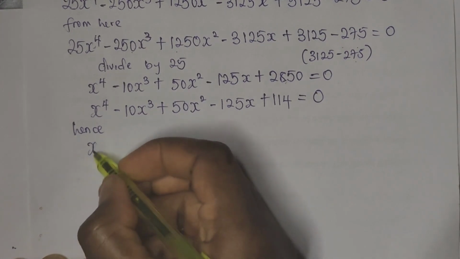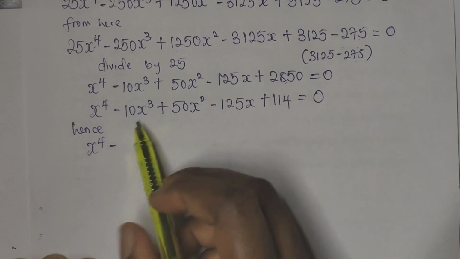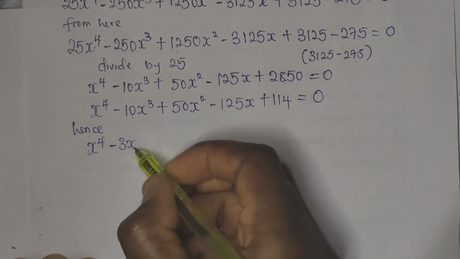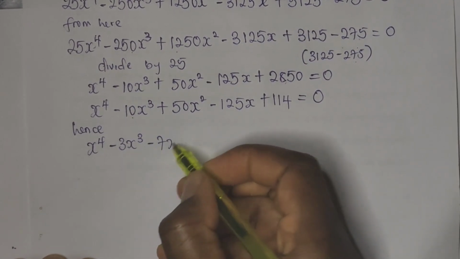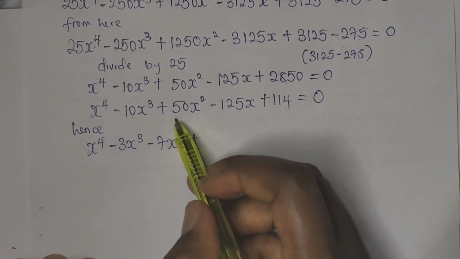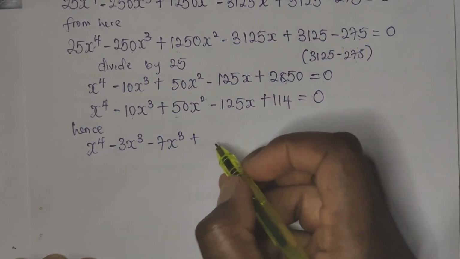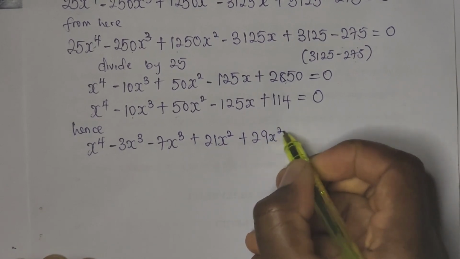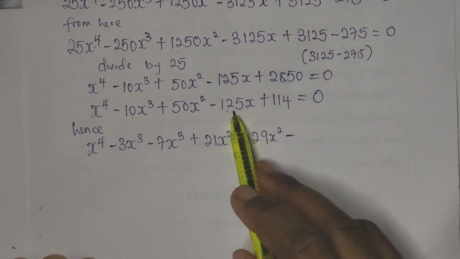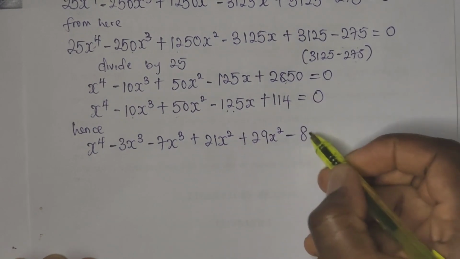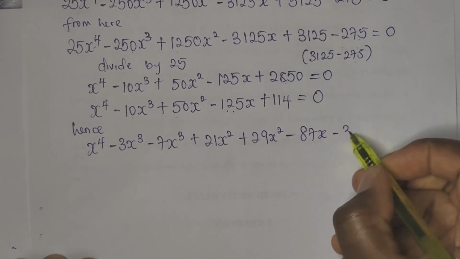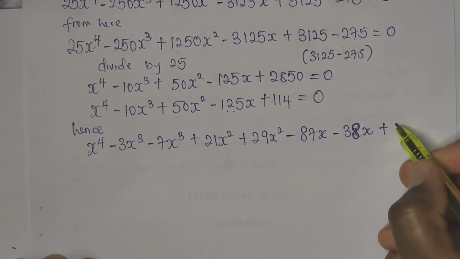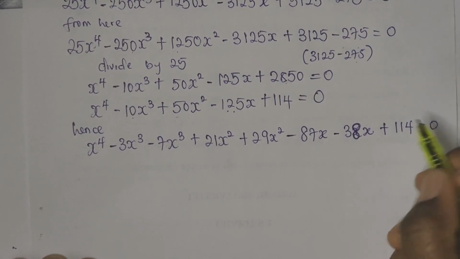So we have x to the power of 4, minus 10 can be split into 2 to have minus 3x to the power of 3 minus 7x to the power of 3, plus 50, we split it into 2, we have plus 21x squared plus 29x squared, minus 125 split into 2, we have 87x minus 38x plus 114 equal to 0.